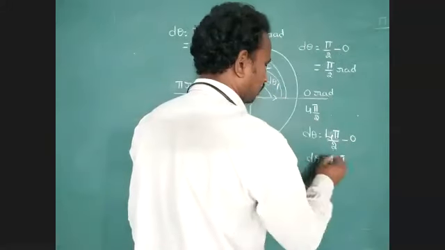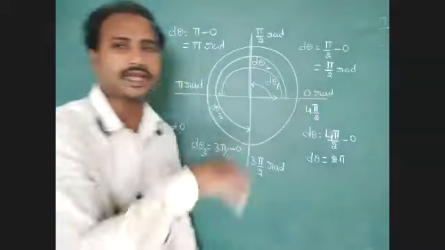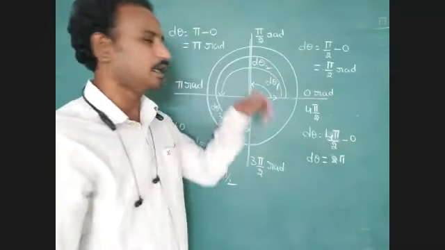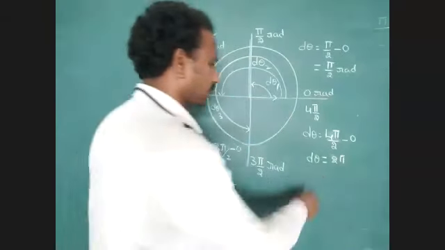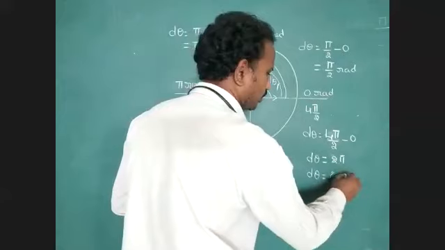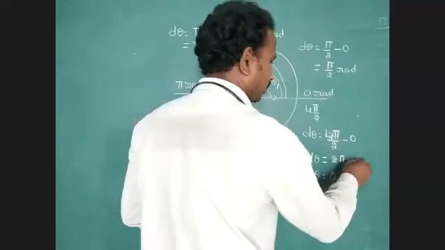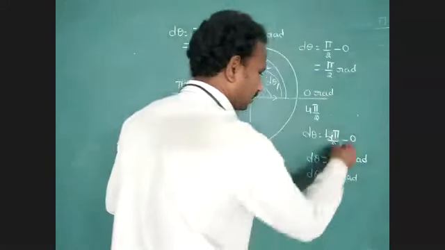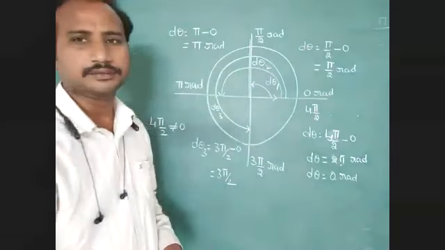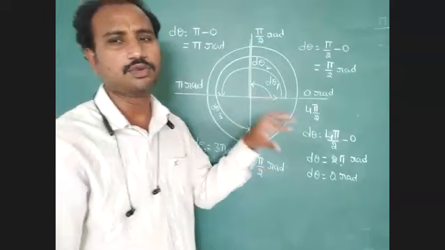D theta equals 2 pi in the anti-clockwise direction. In the clockwise direction, you calculate the angular displacement d theta equal to 0 radian. Understood? So in these two conditions, 0 radian equals 2 pi radian.